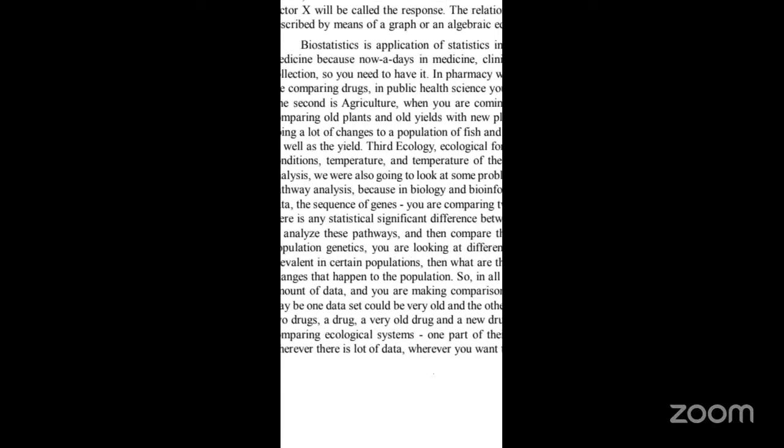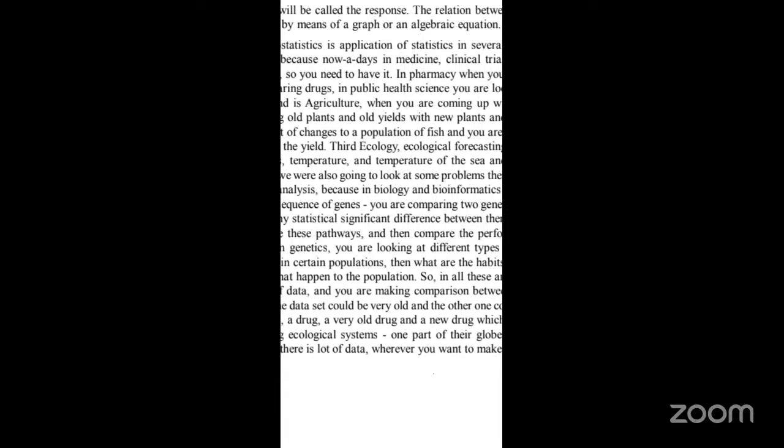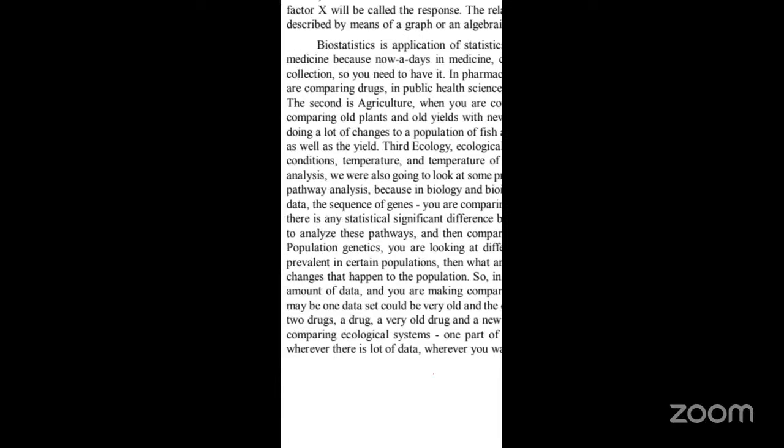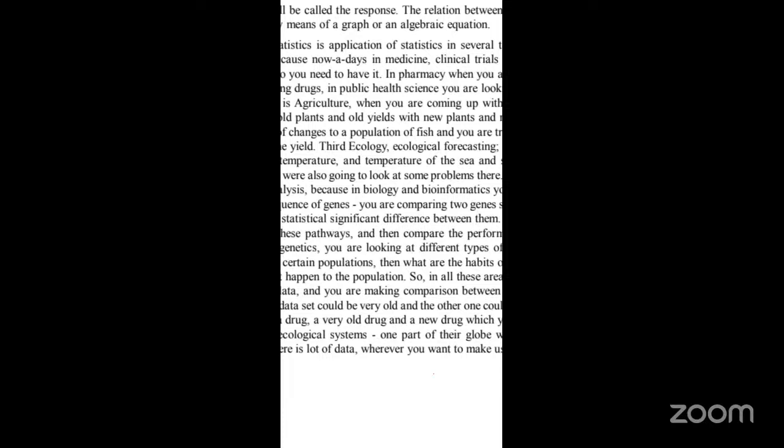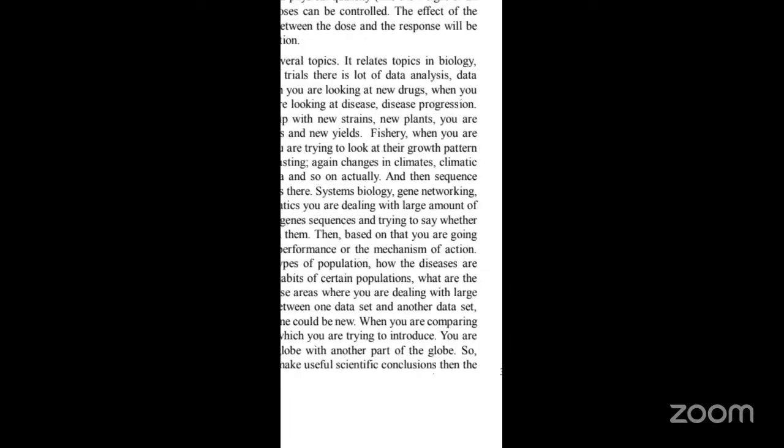Systems biology, gene networking, bioinformatics and biology deal with a large amount of data. For the sequence of genes, you are comparing two gene sequences and trying to say whether there is any statistically significant difference between them. Based on that, you are going to analyze the pathways and then compare the performance or the mechanism of action.